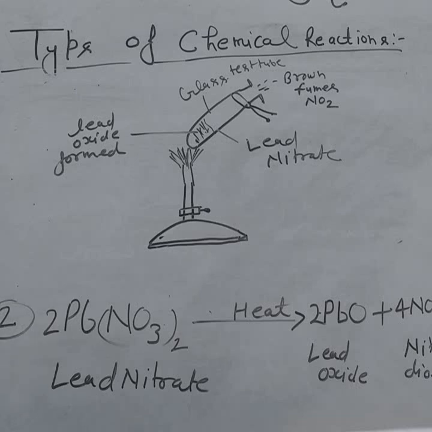After some time you will see brown colored fumes in the upper side of the test tube, and in the lower side of the test tube yellow colored lead oxide is formed.